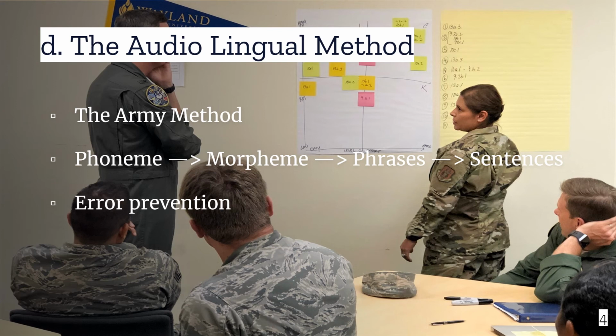In this method, the teacher would give correction as soon as a mistake is committed, because we have seen that this method encourages or motivates error prevention. And thus, as soon as the learner commits a mistake, the teacher will intervene and correct the mistake then and there.